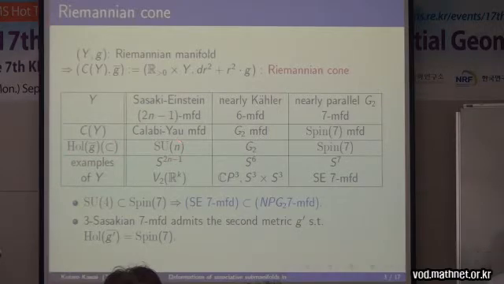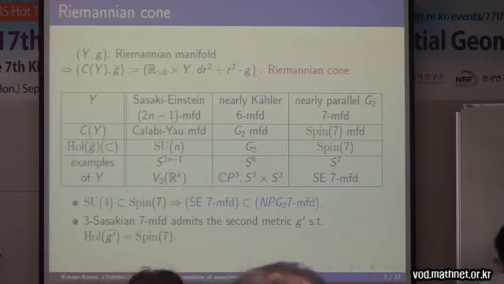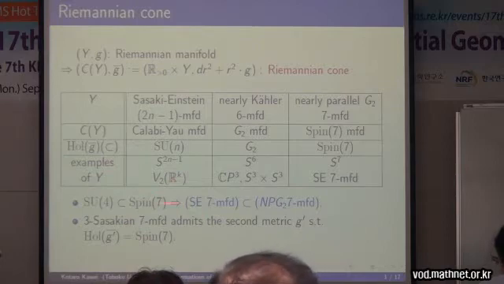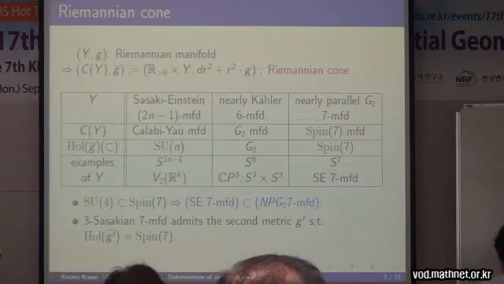Then the corresponding manifold Y is called a Sasaki-Einstein manifold. As examples of Y, we have S^(2n-1), the odd-dimensional sphere, and the Stiefel manifold V2(R^k). These are examples of Sasaki-Einstein (2n-1)-manifolds.